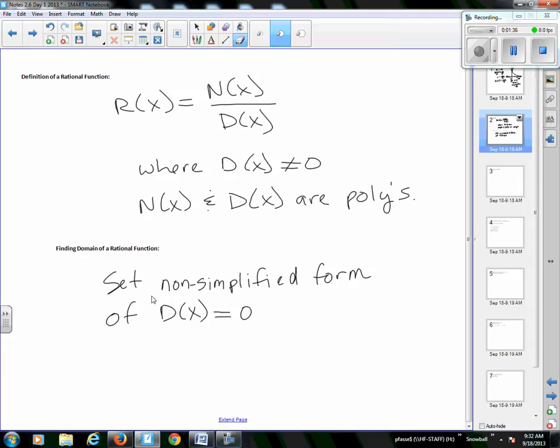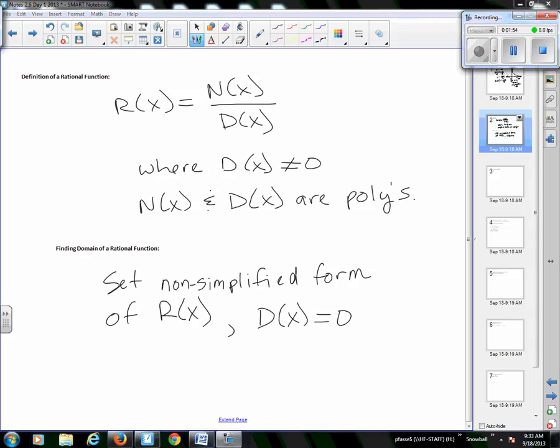Sorry, the non-simplified form of r of x: you set d of x equal to 0. These are restrictions. This right here is the restrictions on the domain. And then we simply write the domain in interval notation.